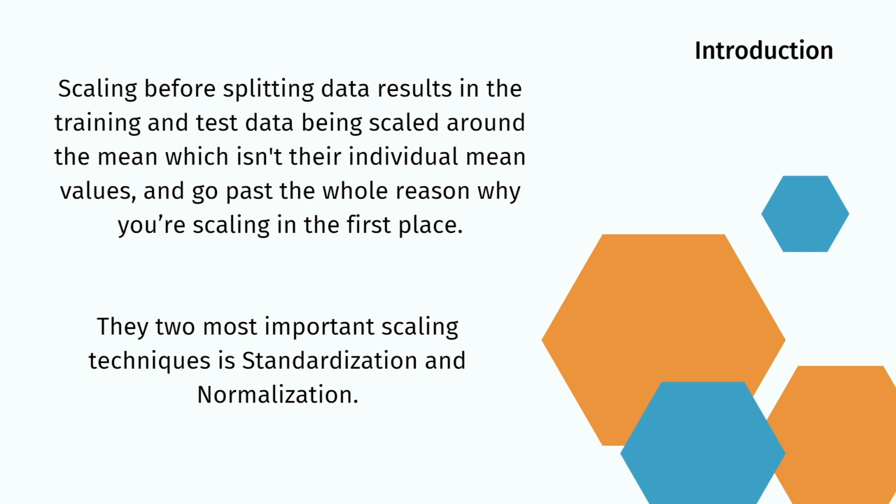If you scale before splitting, your whole data will be scaled around the original mean value that was 10. So it goes against the reason we are scaling, so that individually both the train and the test data will be scaled around their own mean. So the two most important scaling techniques are standardization and normalization.